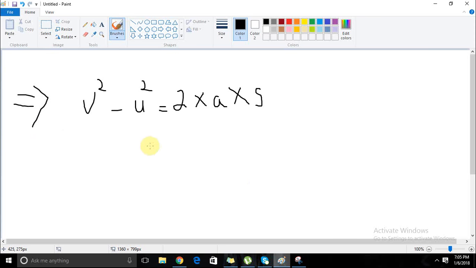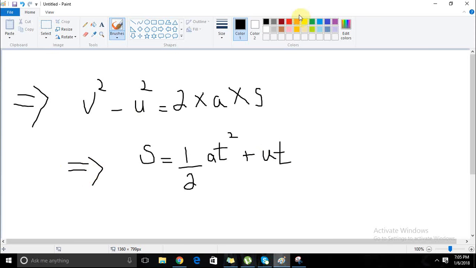And there was also s equals ut plus 1 by 2 a t squared, with t being the time, and these were basically the two that you'd need time and time again. And in this scenario it is the first one that is likely what you'll be interested in.